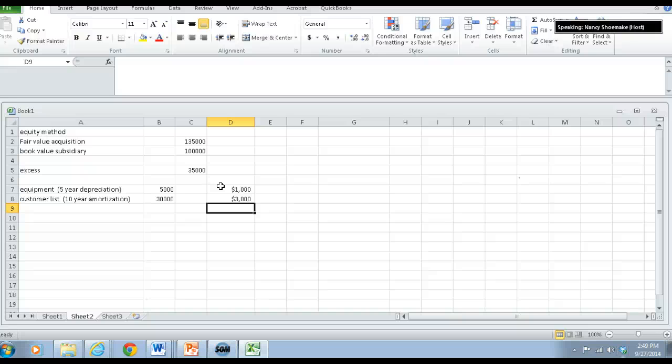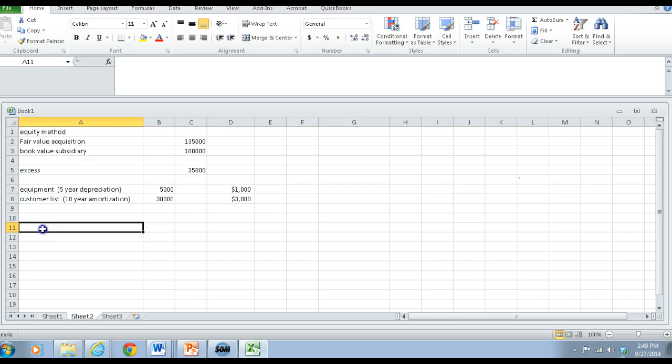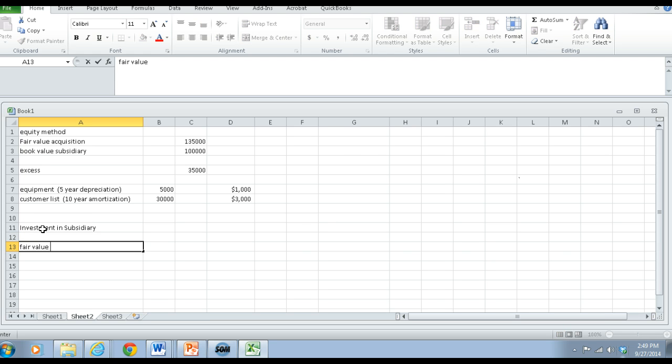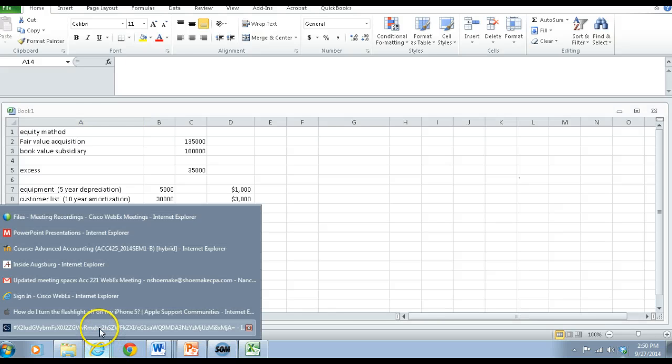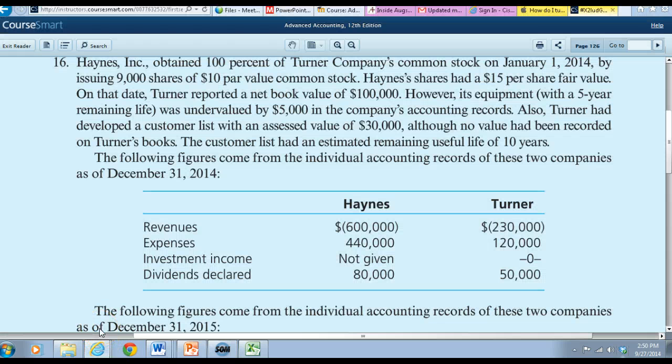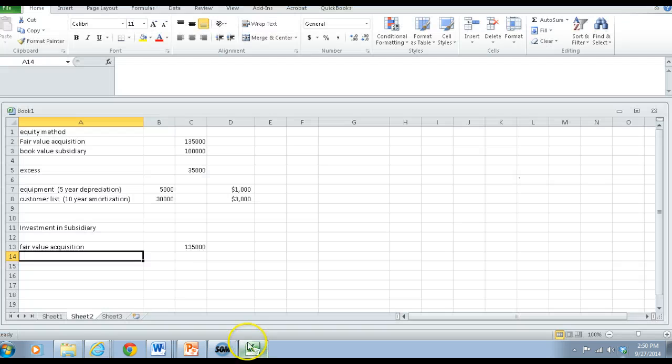So the way we're going to determine the investment in the subsidiary, we're going to start with the fair value acquisition of 135. Then we're going to show the income that was accrued in 2014. The revenues were 230 and the expenses were 120, with an income accrual of 110,000.